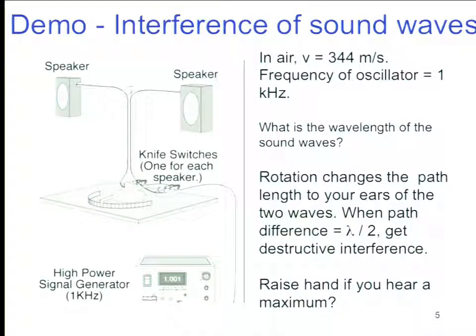Does anyone remember the formula: the velocity is equal to the frequency times the wavelength, so that the wavelength is equal to the velocity over the frequency. So that would be 344 meters per second over the frequency, 440 per second, or hertz.